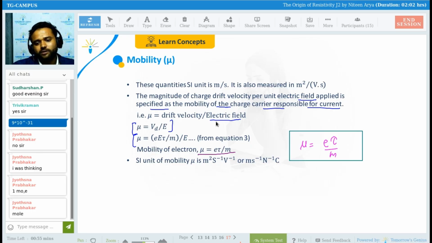So many quantities, but the simple relation. Is this clear, everyone?